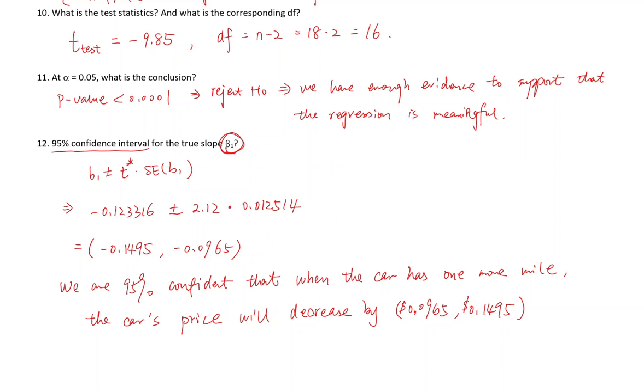Did we miss anything? We say on average, because we are talking about the population parameter.